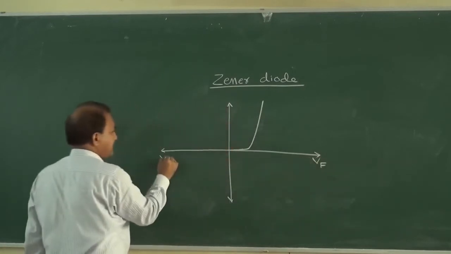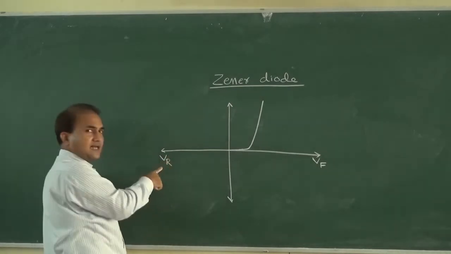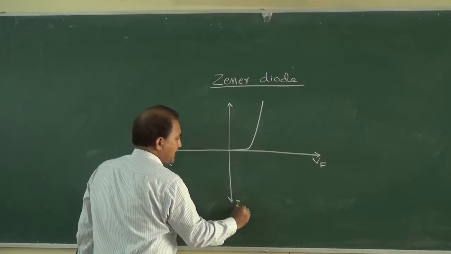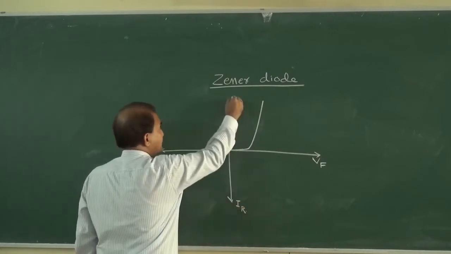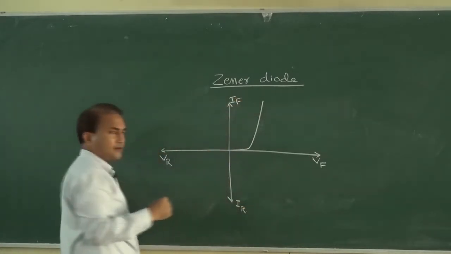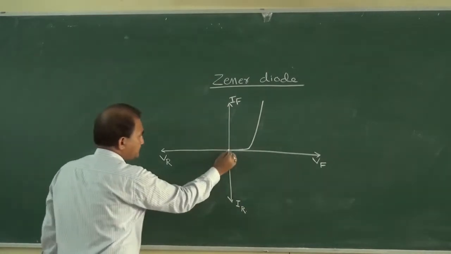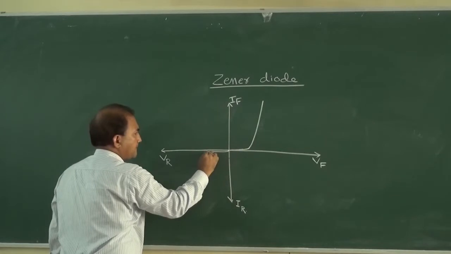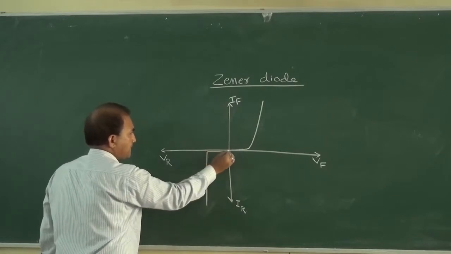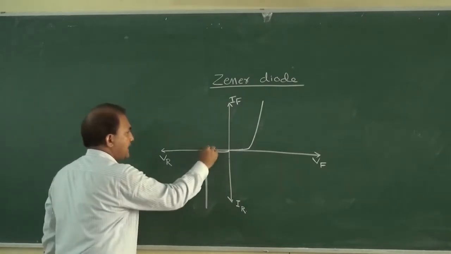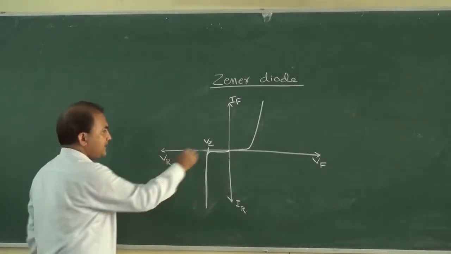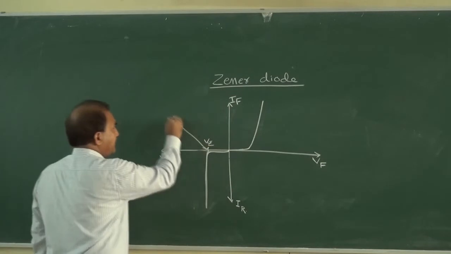This is VF, forward bias voltage, this is VR, reverse bias voltage, this is I, reverse current, and this is forward current. And this is represented as VZ, and this is the breakdown voltage.